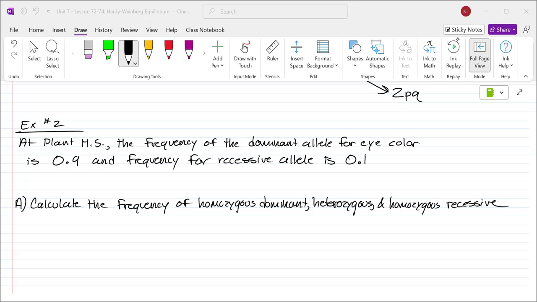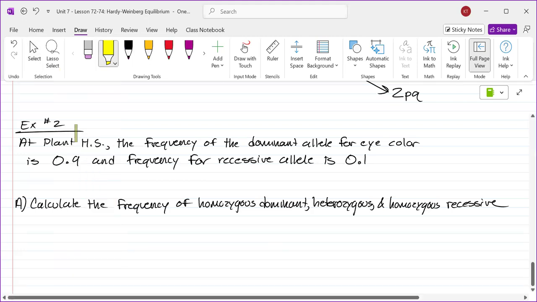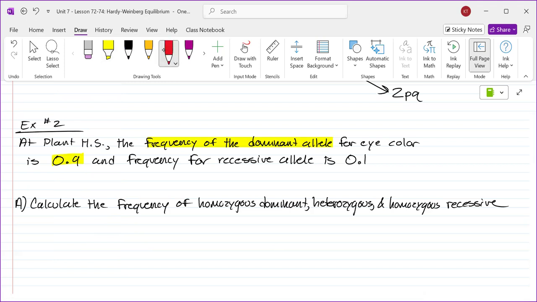Okay, so let's get a few things established before I go about solving this. With the information you were provided in the prompt, the frequency of the dominant allele is 0.9. What variable from Hardy-Weinberg is the frequency of the dominant allele meant to be? P. So in this problem, you are given P equals 0.9.